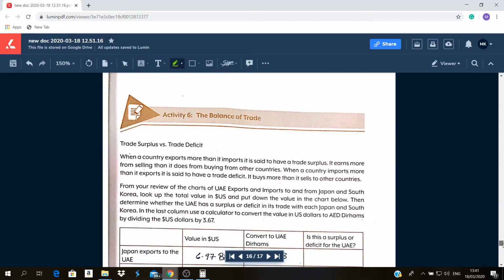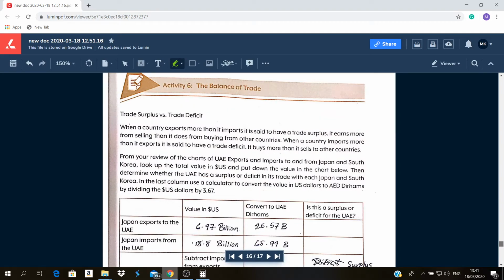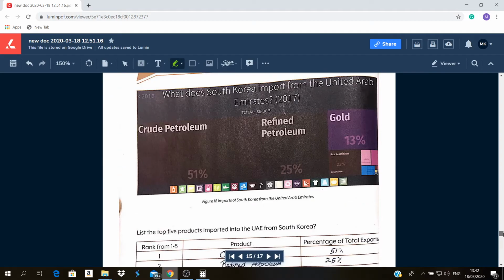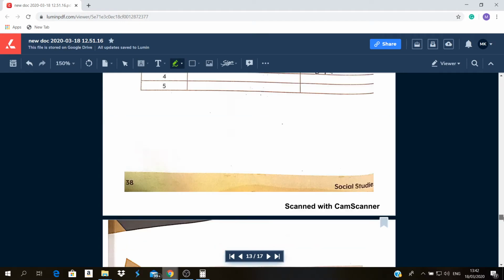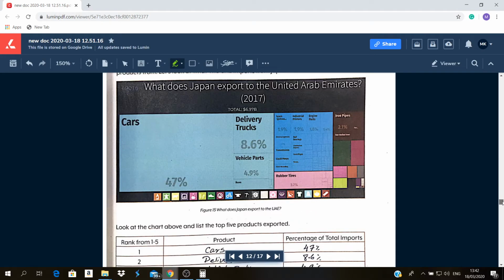Trade deficit and trade surplus, it's the same exercise that we did. Japan exports to the UAE and Japan imports from the UAE. From the chart, let's go back and check. We have them here. Here's the total, and here is also the total.